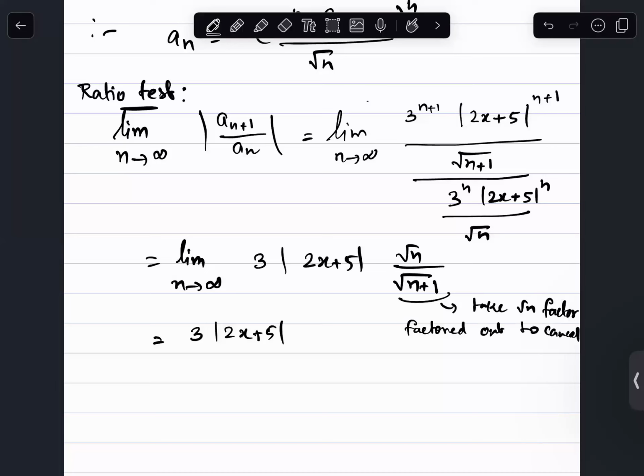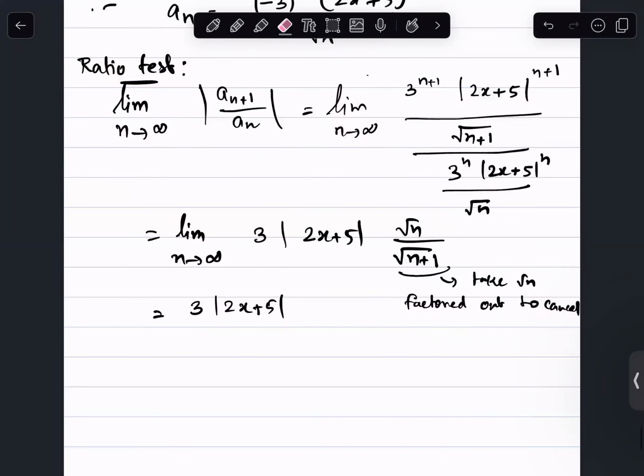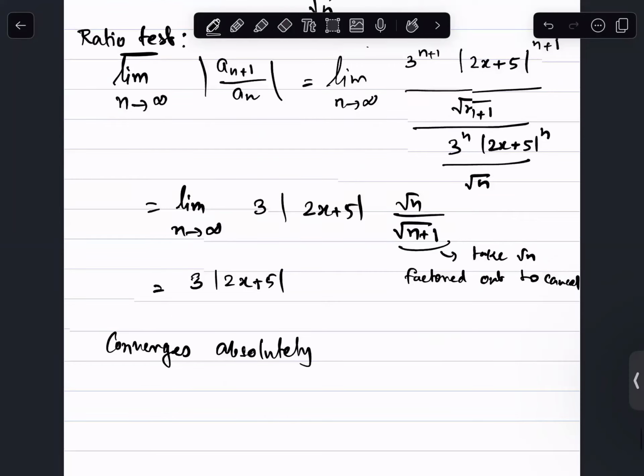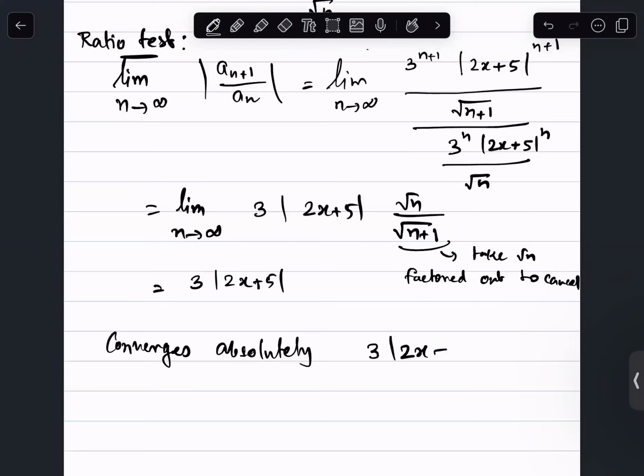So the series converges absolutely when 3 times |2x plus 5| is less than 1, which is |2x plus 5| less than 1/3.